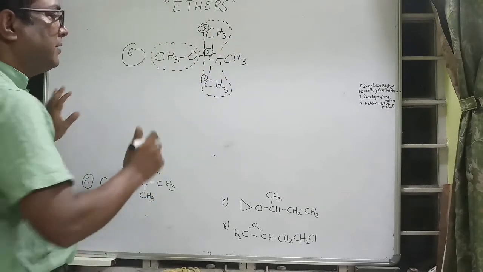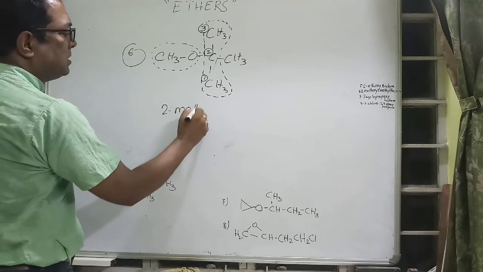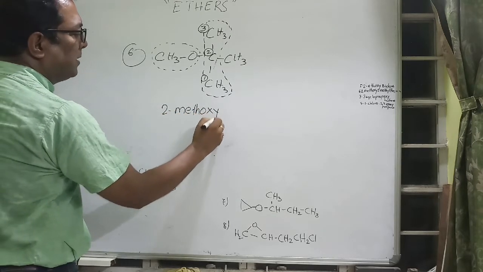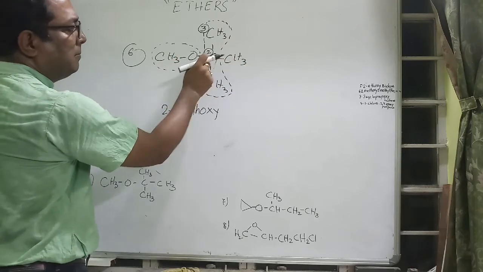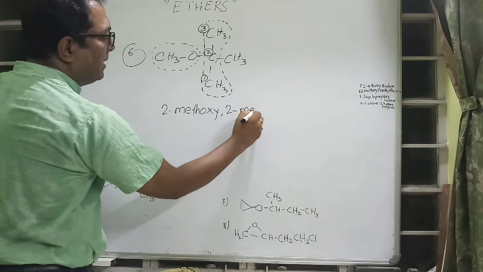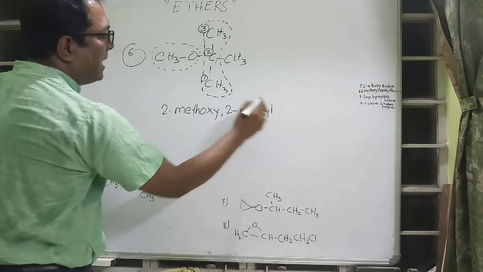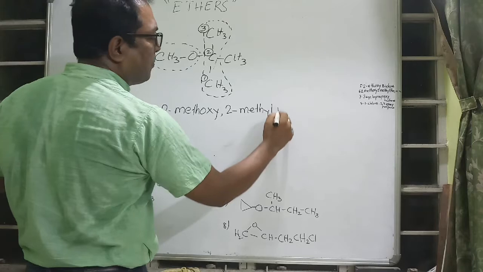So you can write it like this: 2-methoxy, methoxy on number 2, then methyl on number 2. So again you can write it as 2-methyl, and you have a 3 carbon compound, so it is propane.